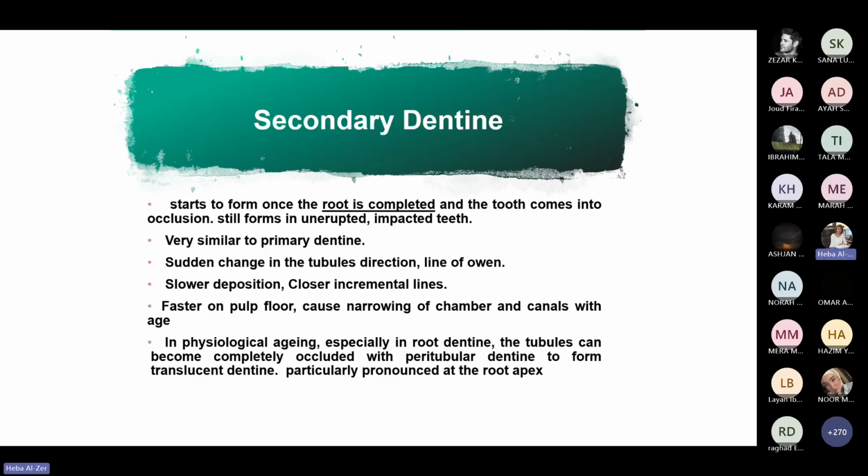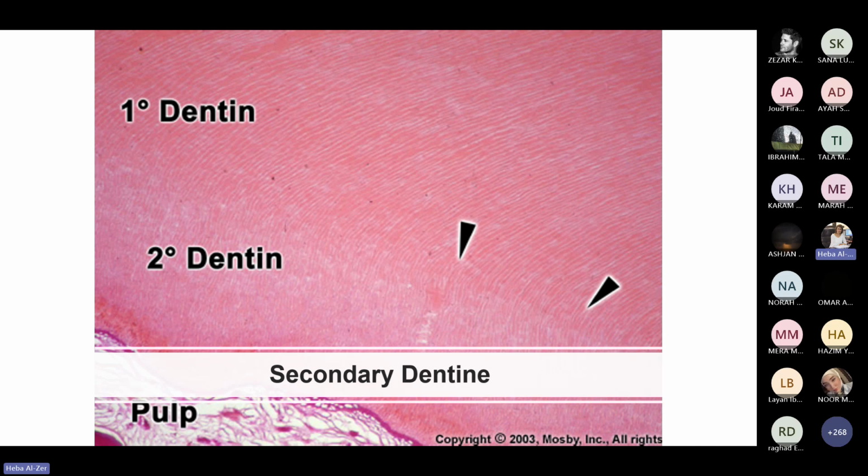So what is the secondary dentine? It's the dentine that forms once the root is completed and the root comes to occlusion. So it forms slowly. It's very similar to primary. The only thing that happens is that there is a change in the tubules' direction, making a contour line of Owen between the primary and the secondary.